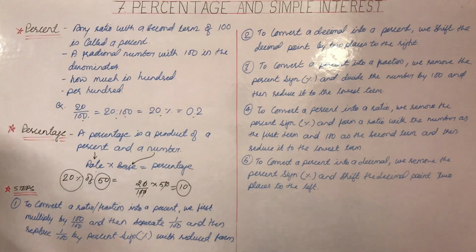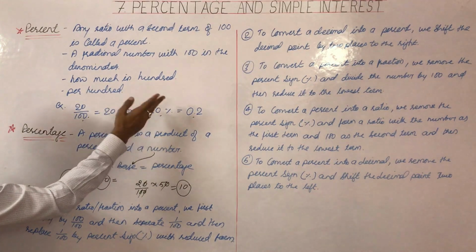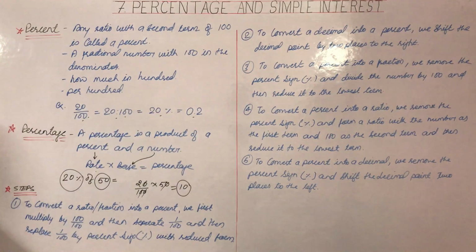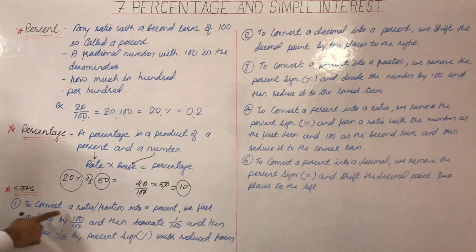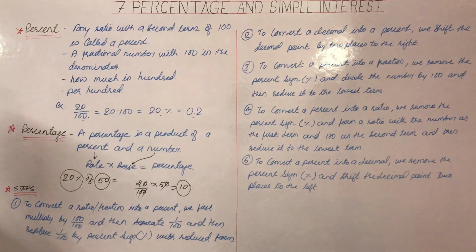Now, in the first exercise under these two topics, we are required to change forms of fraction or ratio to percent, or percent to fraction, or percent to decimal. So, for these things, the steps are: first is to convert a ratio or fraction into a percent.